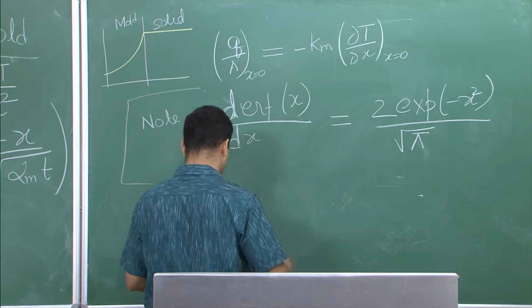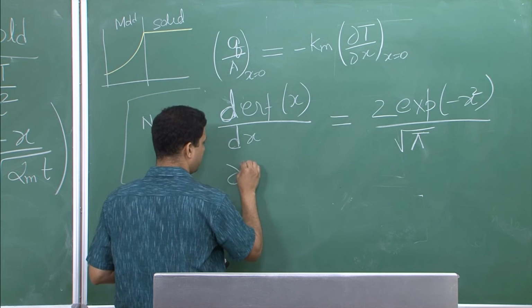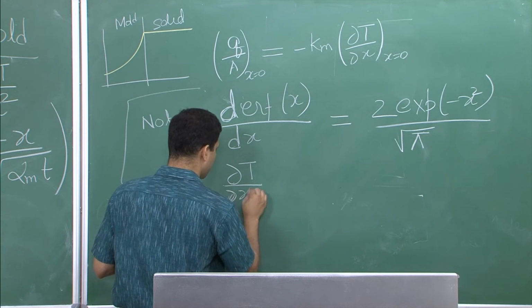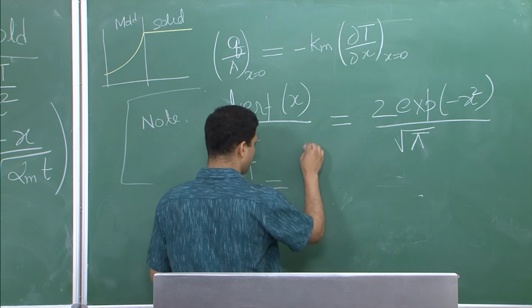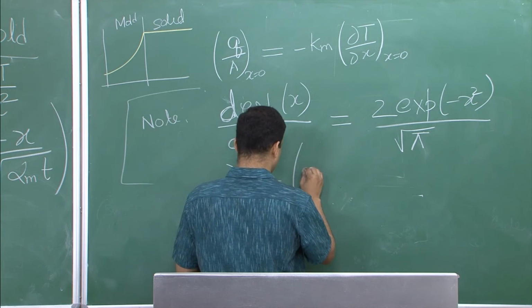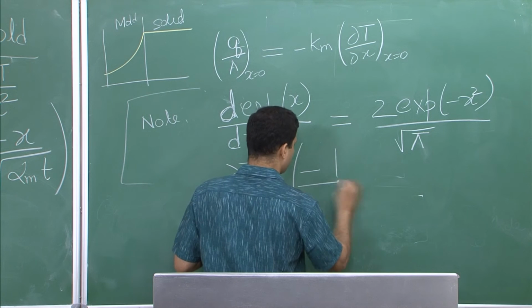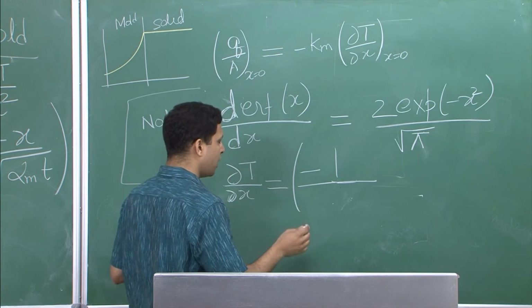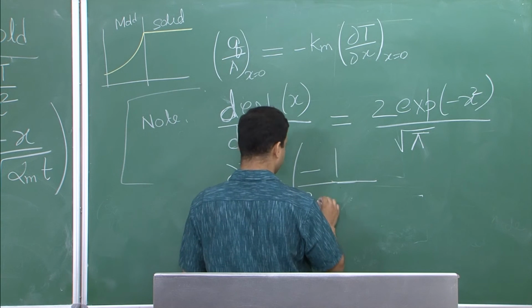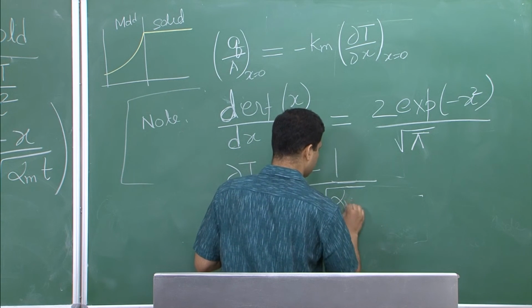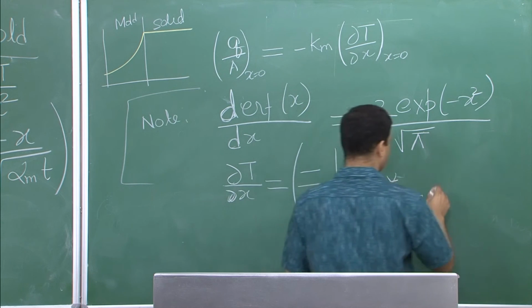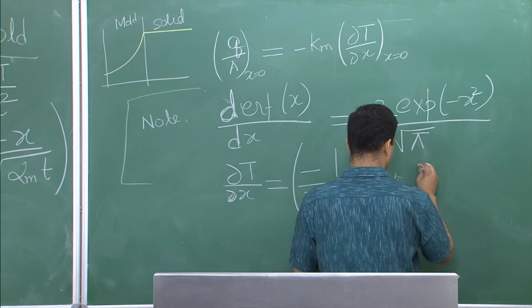Let us move on, and we have del T. If you use this, you can see that this is how del T over del x will come out. First we are differentiating h with respect to g, which is this form, and then differentiating g with respect to x.